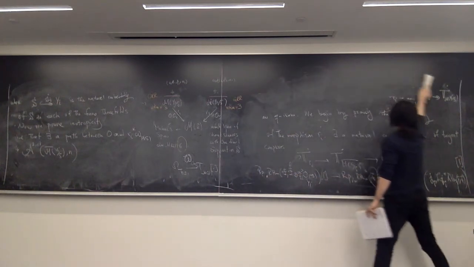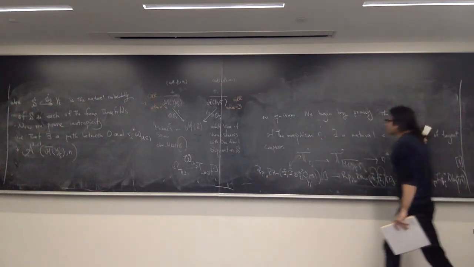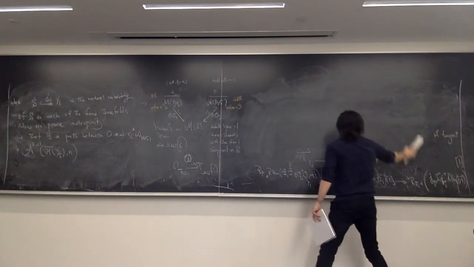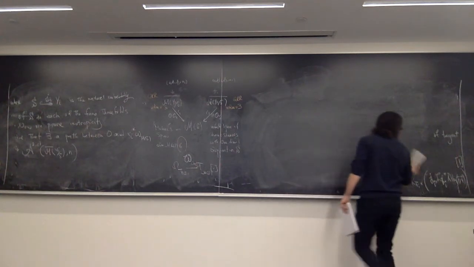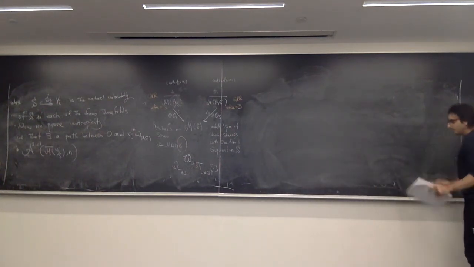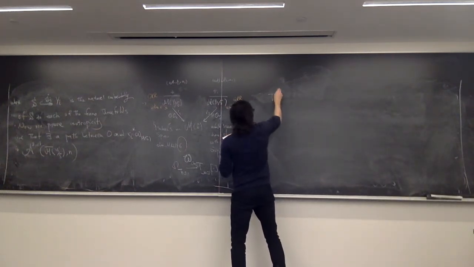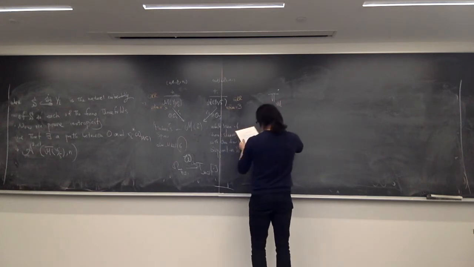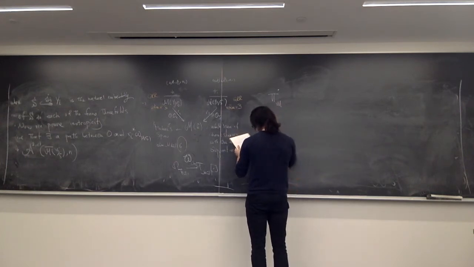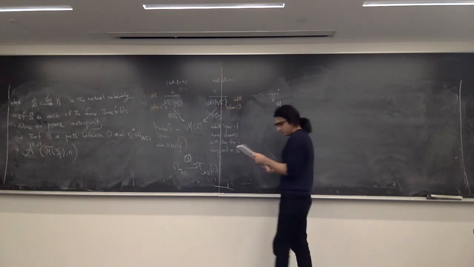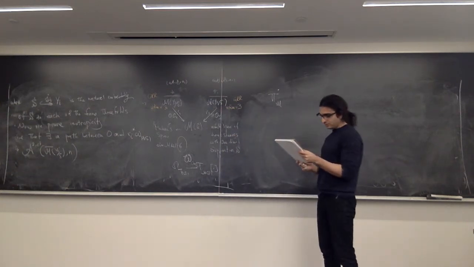So let me show that. So after pulling back, we get this exact triangle, this commutative diagram. So we have the form on each one of these.